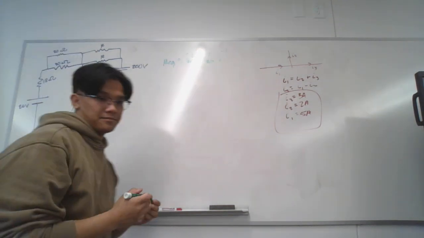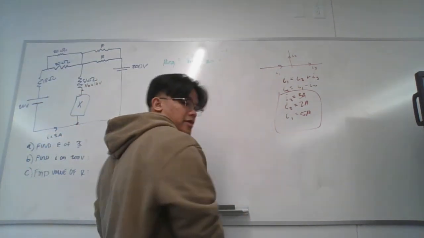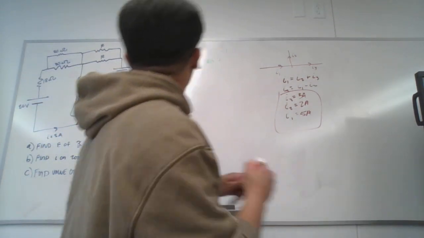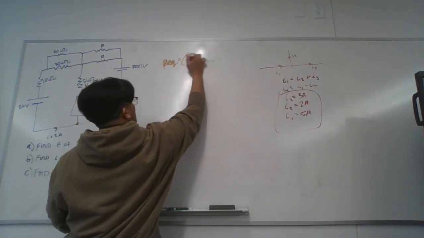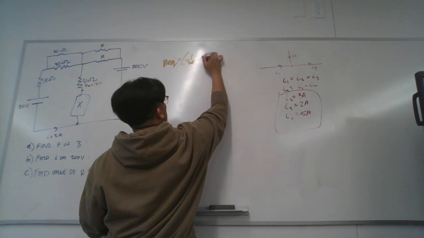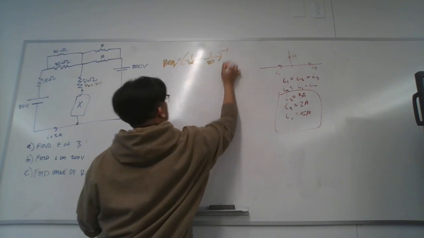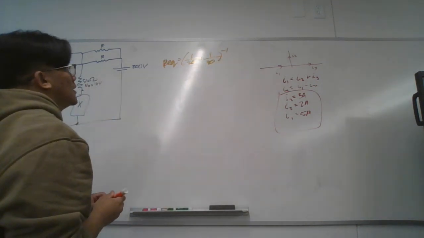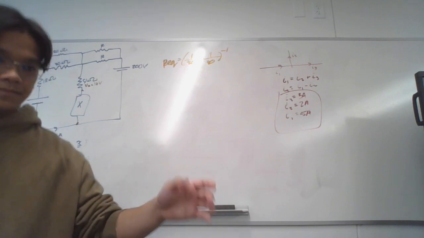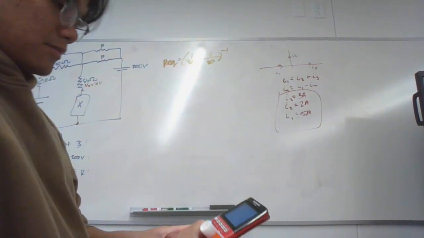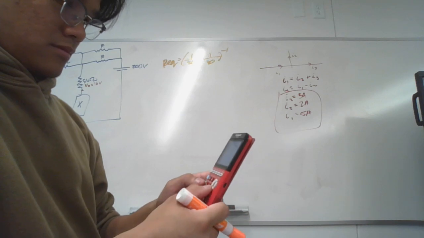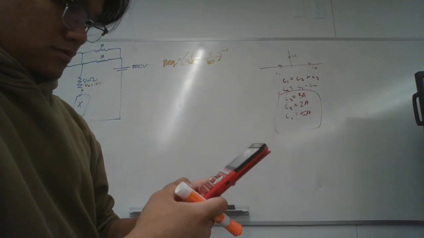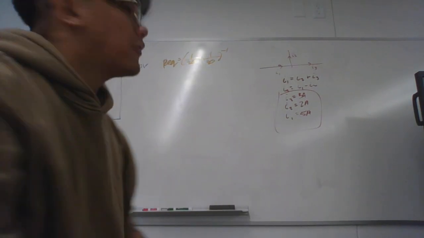You can't see that, the markers are so bad. 1 over 20 plus 1 over 30, to the negative 1. If we put this into a calculator, we get 12 ohms.